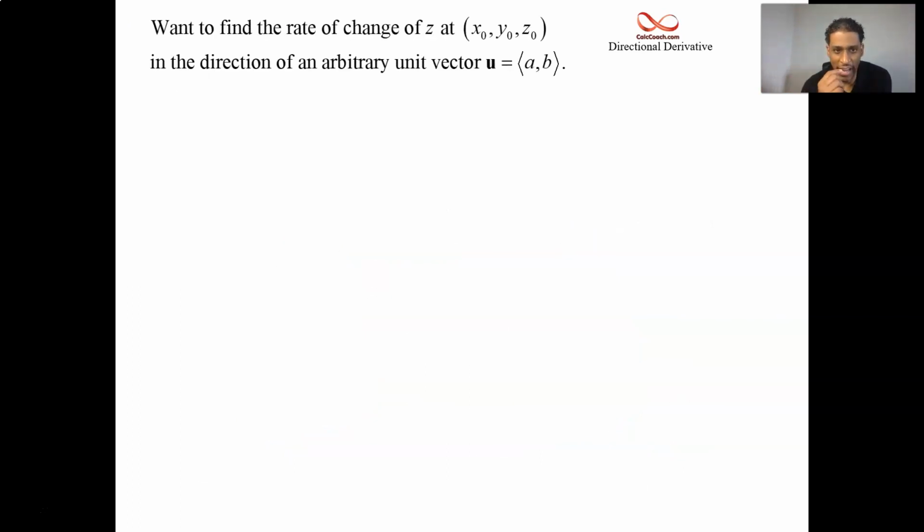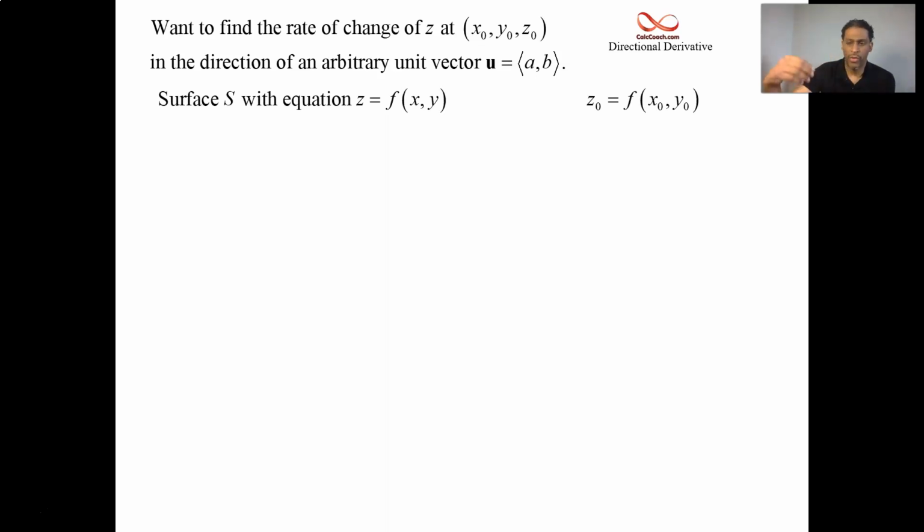So we want to be able to find the rate of change of our function at a particular point in a direction of some arbitrary unit vector. The vector needs to be a unit vector. So you have some surface, z is a function of x and y, and you have some point. When you plug in x naught, y naught, you get out z naught. Okay, so that's a point that's on the surface, x naught, y naught, z naught.